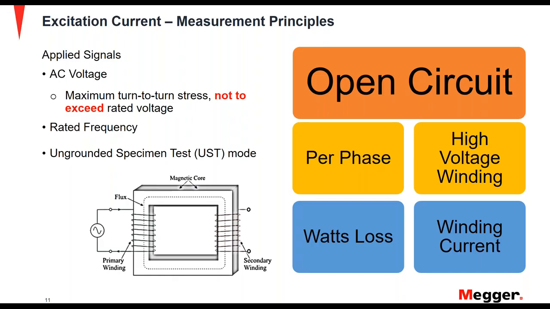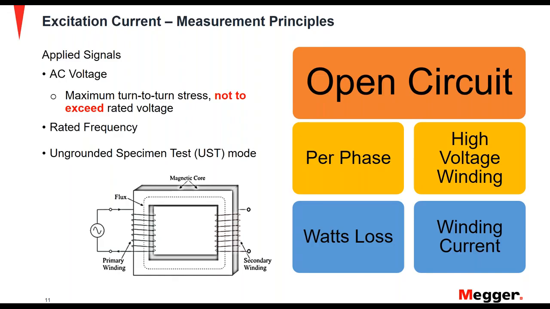Now, we have to use AC voltage, and this voltage is applied at rated frequency. As far as the test mode, the test instrument should be in the ungrounded specimen mode because you're looking at the winding and the core. Now, we saw in the previous slide that this is an open circuit test, and testing for excitation current is conducted on a per phase basis.